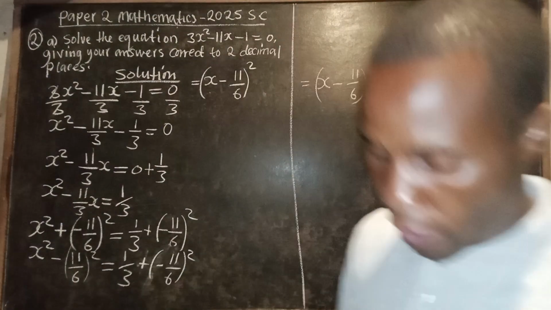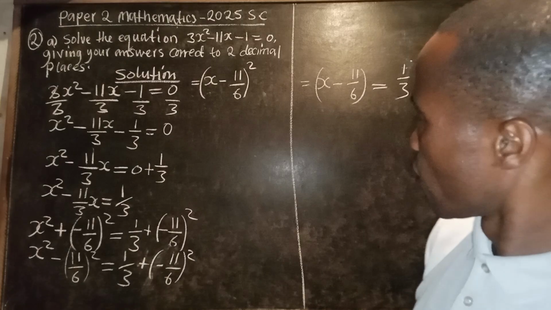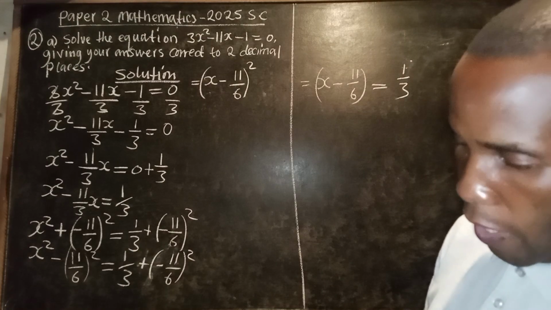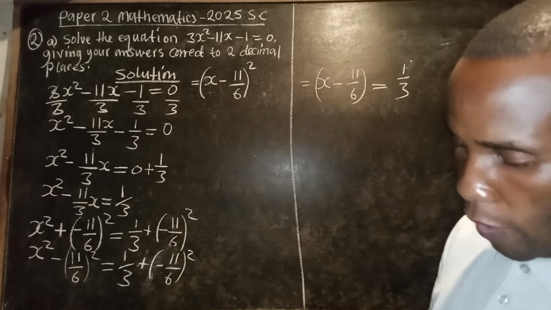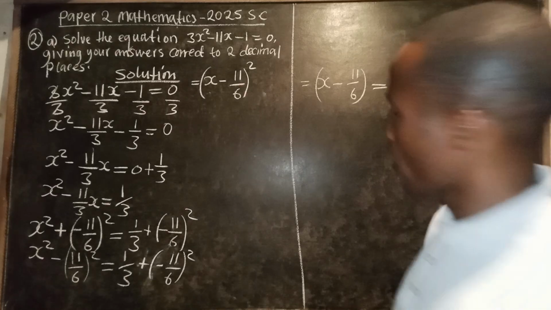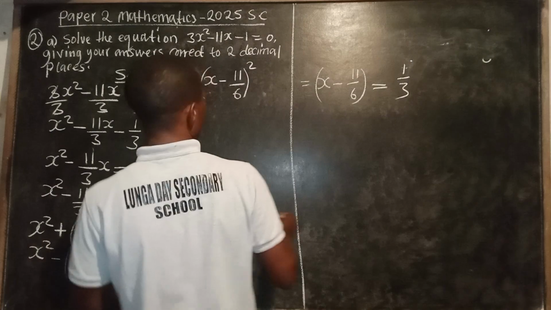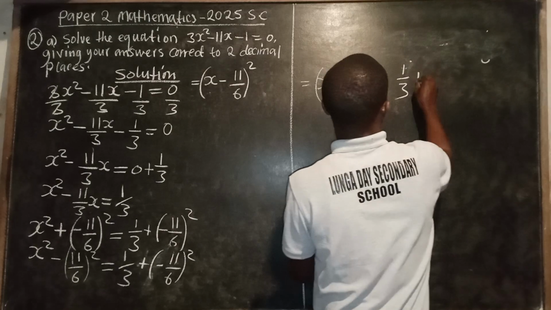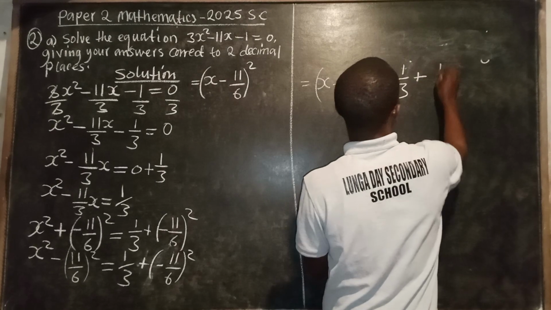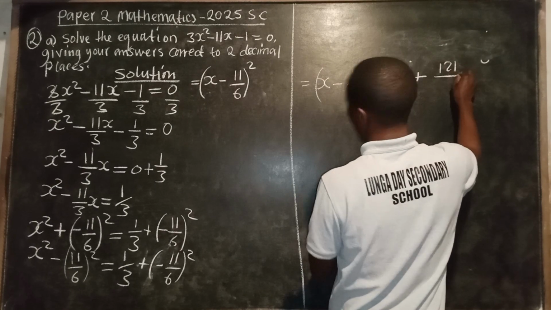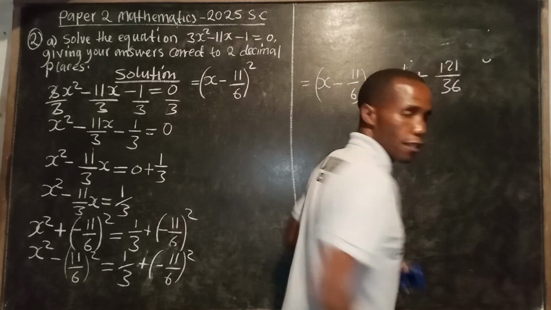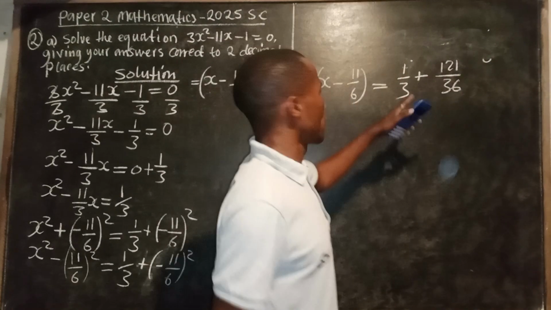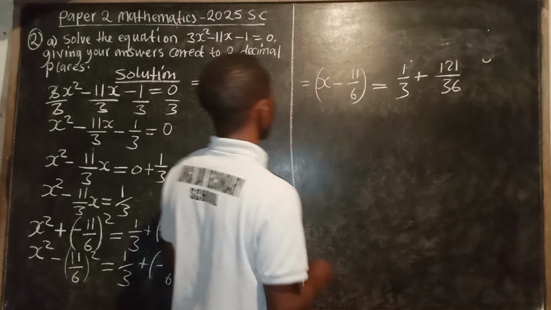But don't forget, this is paper 2, so you can easily use a calculator. 11 squared is 121 over 6 squared, which is 36. Okay, so that is the new expression that we are going to have.